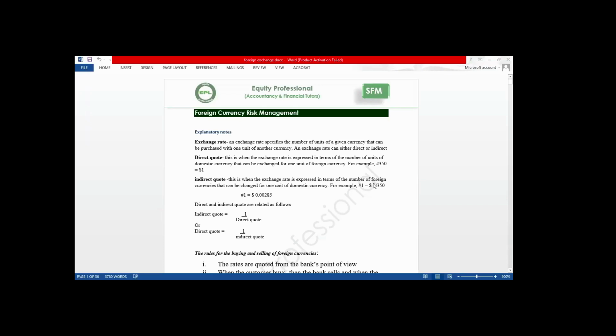Indirect quotes. This is when the exchange rate is expressed in terms of the number of units of foreign currency that can buy 1 unit of domestic currency. That is the opposite of direct quotes. If I want to state indirect quotes, the number of units of dollars that can buy 1 unit of naira, that is indirect quotation.